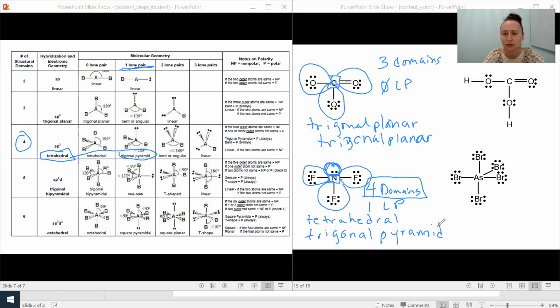So it's a tetrahedral electronic geometry because it has 4 domains, and one of those domains is a lone pair, so the molecular geometry is trigonal pyramid. All right, so now you can do a similar analysis. I would pause the video and see if you could determine the geometry of the other 2 molecules.